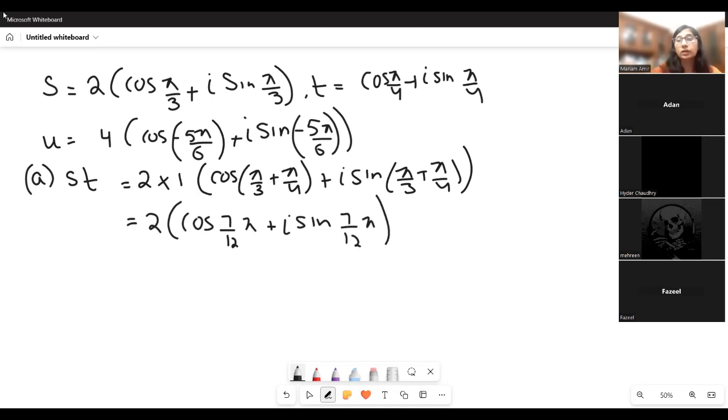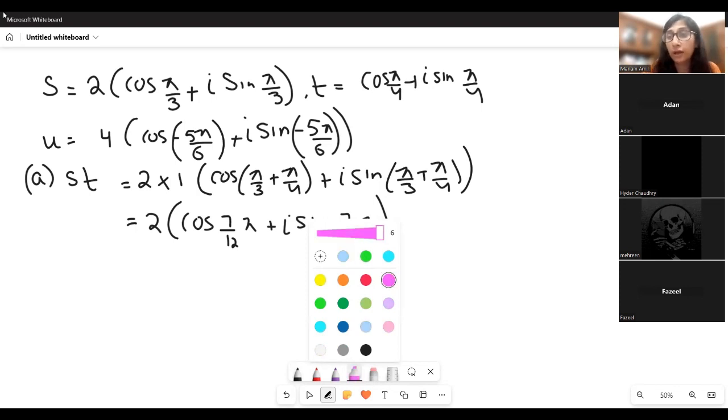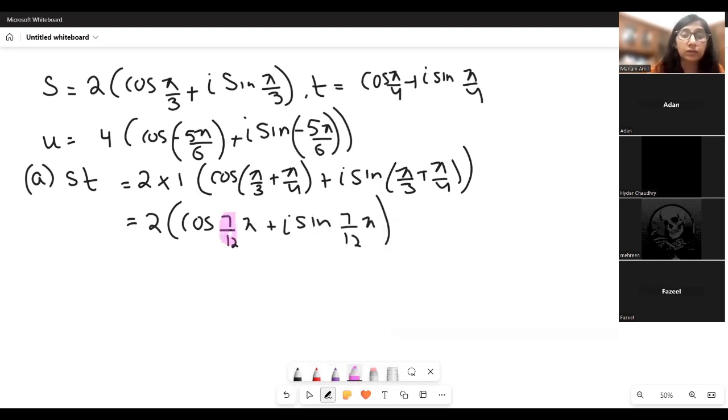Okay. You must always check whether the angle that you're getting after adding, subtracting, etc., is within pi to minus pi. Is the theta between pi and minus pi in this case? Yes or no?